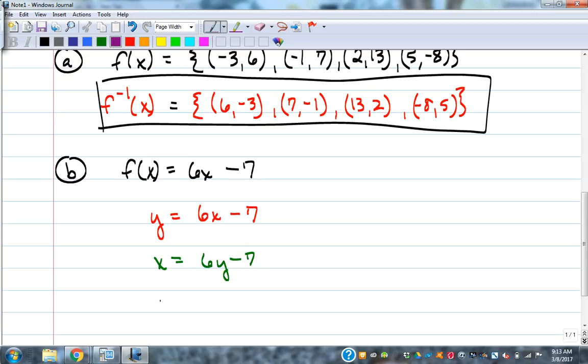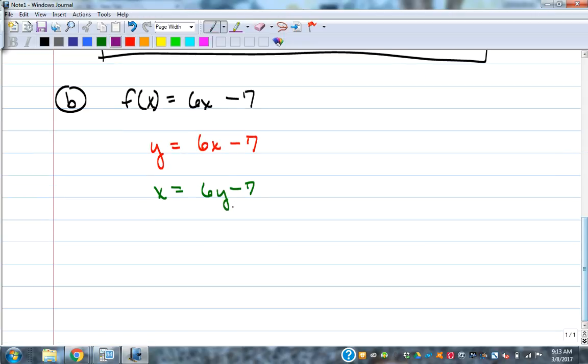Now solve it for y again. Divide everybody by 6. X over 6 plus 7 over 6 equals y.